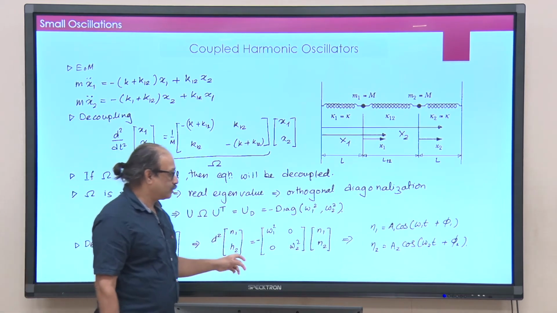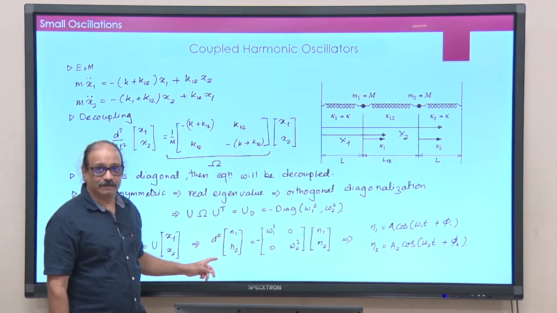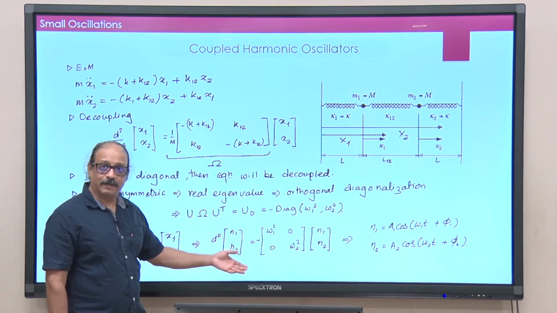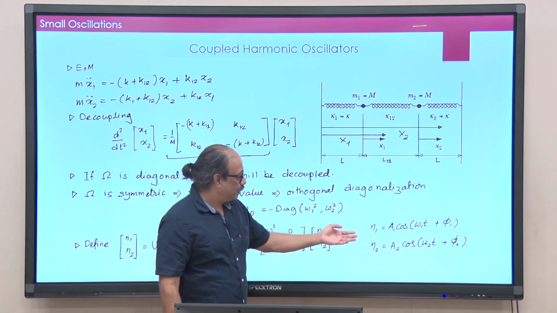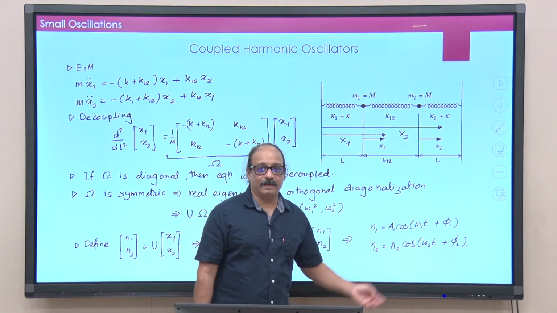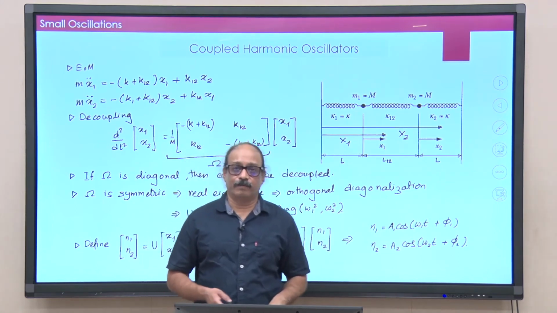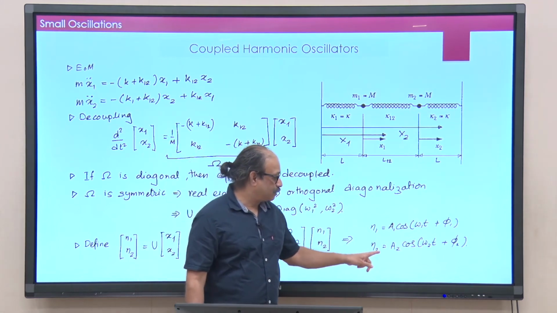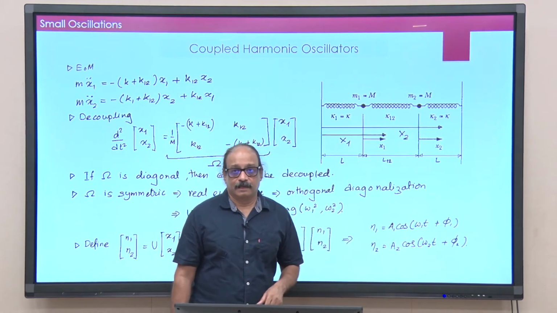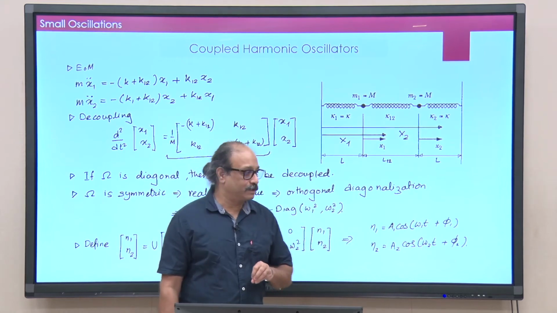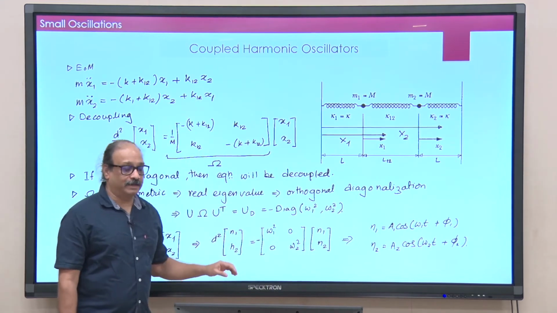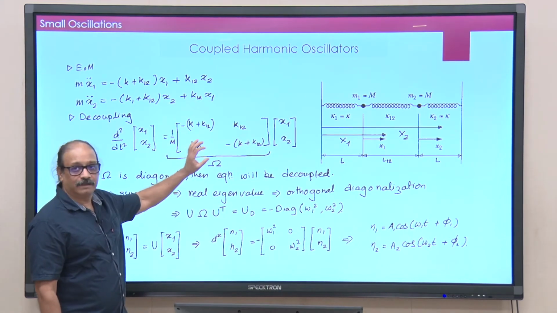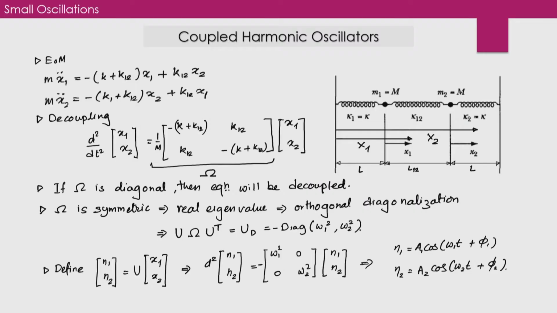And the solutions of these differential equations, because they are decoupled now, are straightforward. Eta 1 is some constant a1 times cos(omega 1 t plus phi 1), and similarly eta 2 is basically the same. So, these solutions can be quickly obtained by simply diagonalizing this omega matrix there.